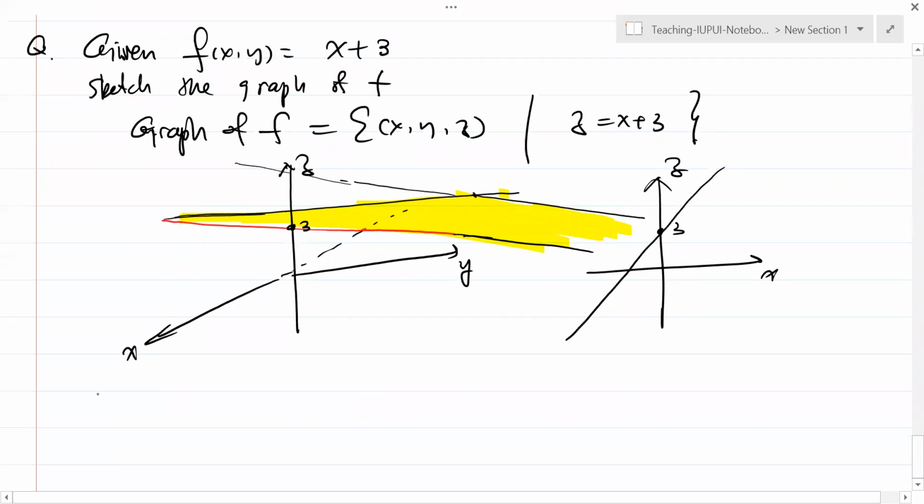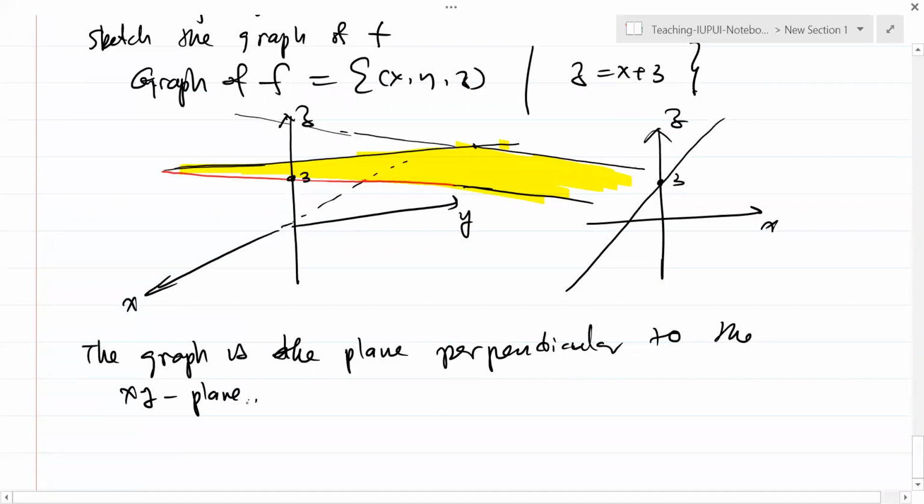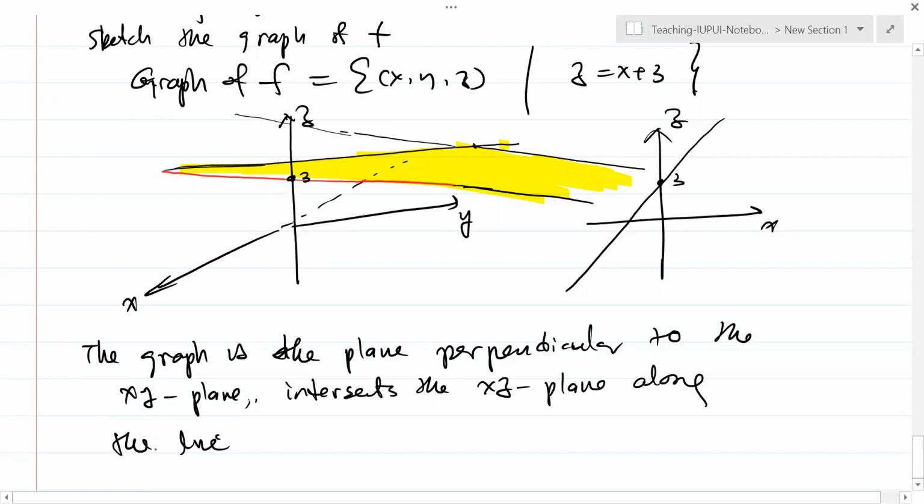Let me describe it. The graph is a plane perpendicular to the xz plane, and it intersects the xz plane along the line z equals x plus 3.